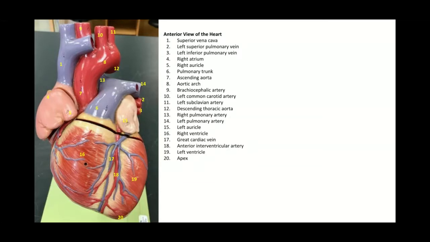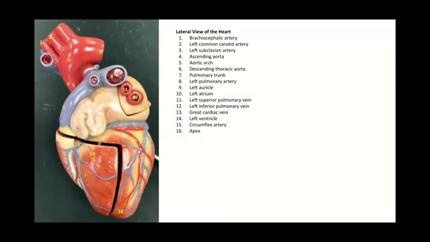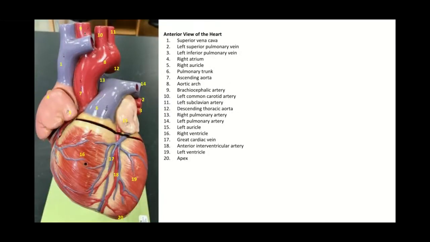But this descending aorta can bring oxygen and nutrients to the parts which are lower than our heart. What happens to the parts which we have upper than the heart? The parts which we have upper than the heart, like our upper chest, our neck, head, and upper limbs, are nourished by these 3 branches which we have here, number 9, 10, and 11.